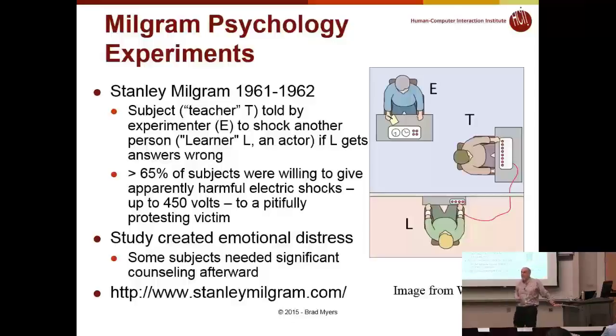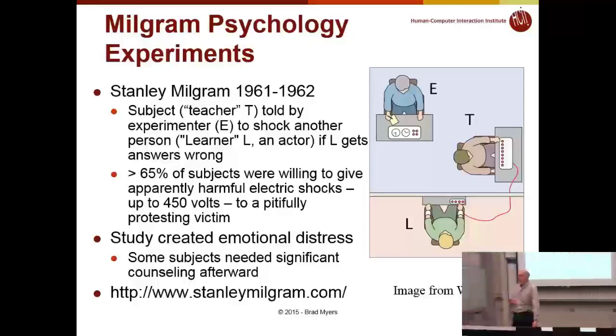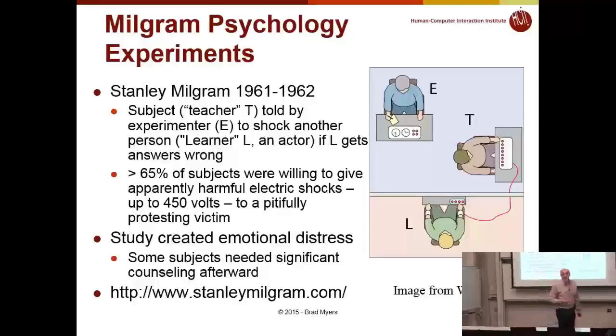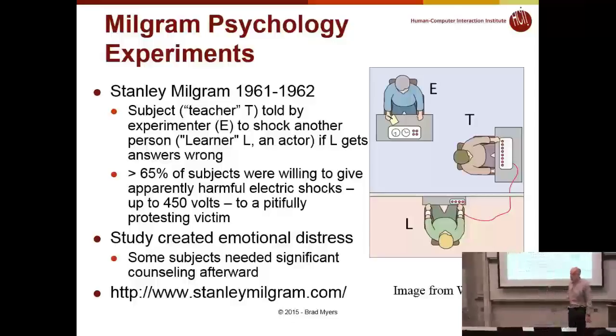Yeah. So were the teachers informed at the end that there were actors on the other side? Yeah, I don't remember the answer to that. They were? Yeah. Yeah, and even that, people were just so upset at what they personally were willing to do. This revealed something about people that they really didn't want to know, that they were willing to go to this level if somebody told them to.